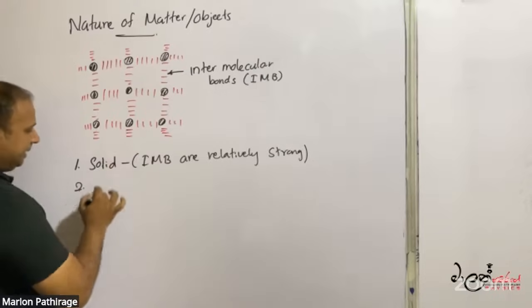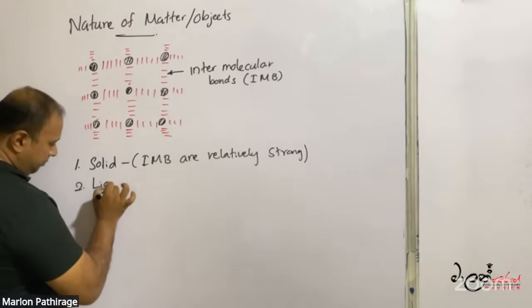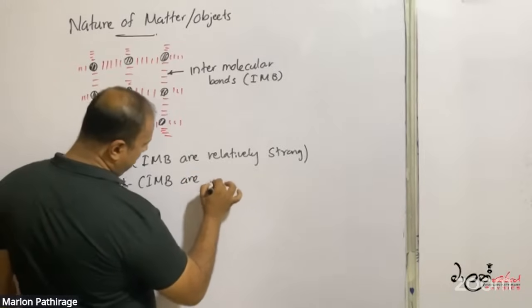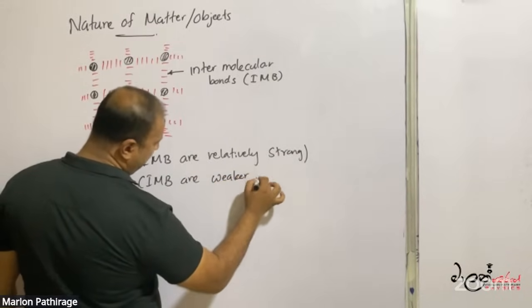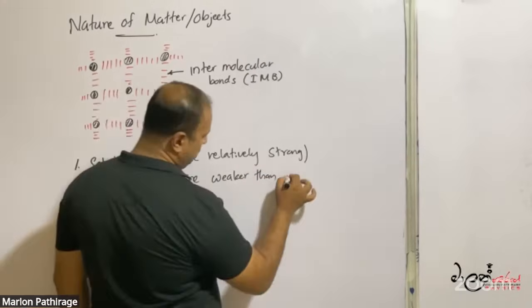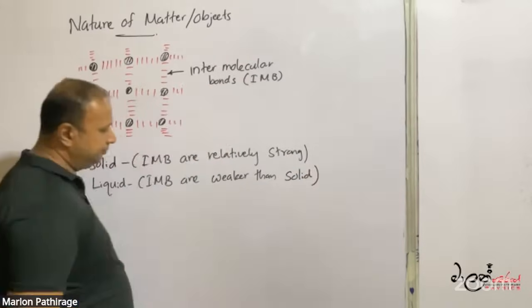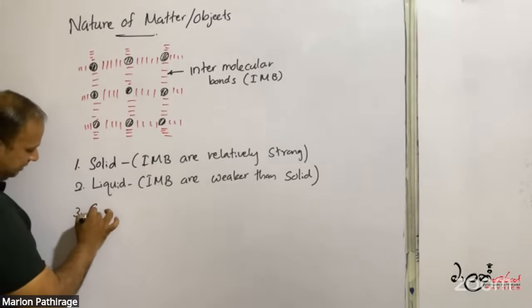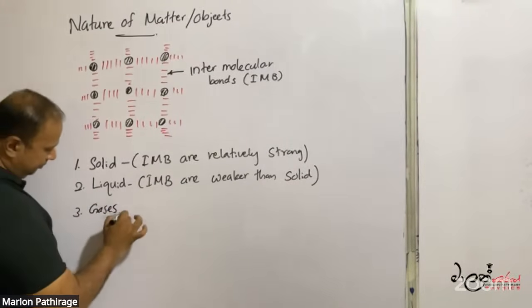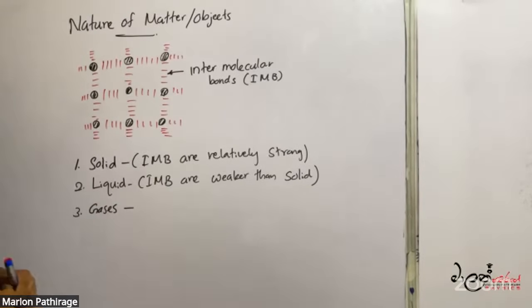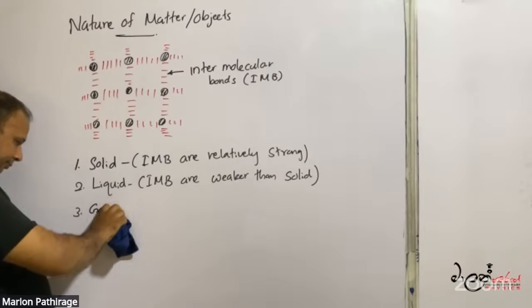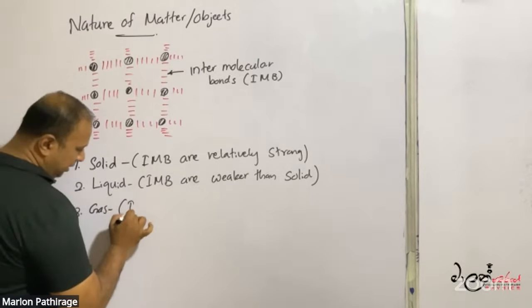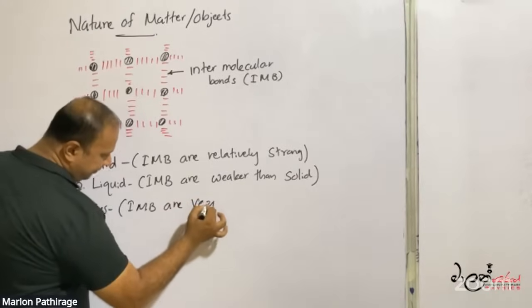Then the second one is liquids: intermolecular bonds are weaker than solids. Gases: intermolecular bonds are very weak.